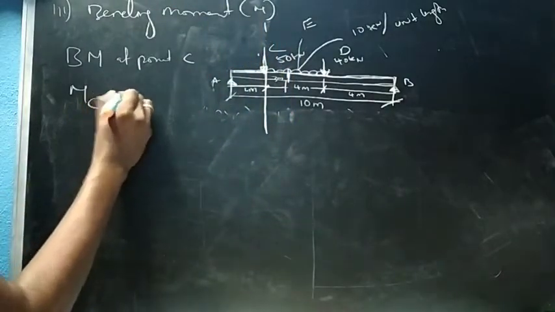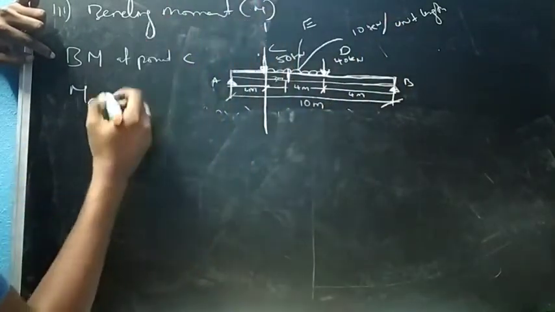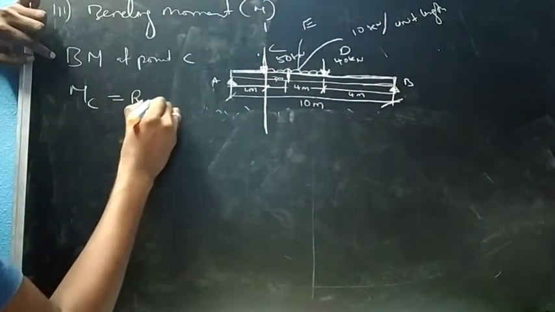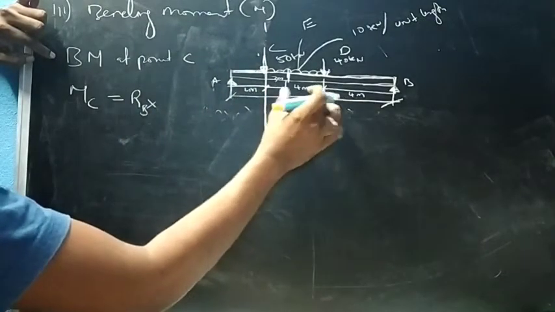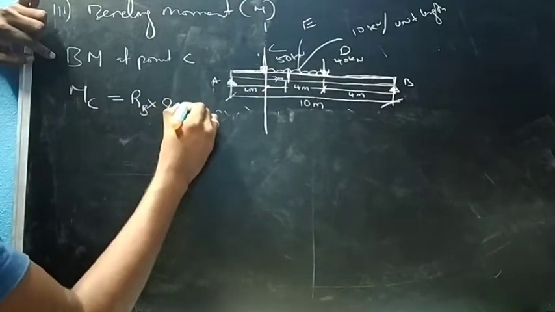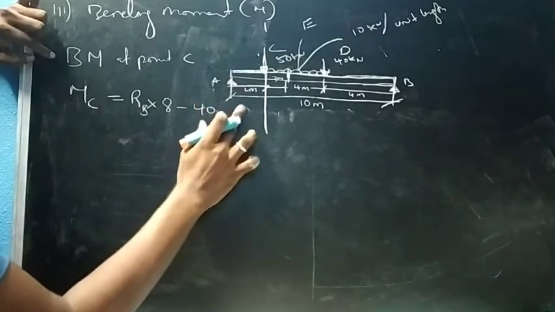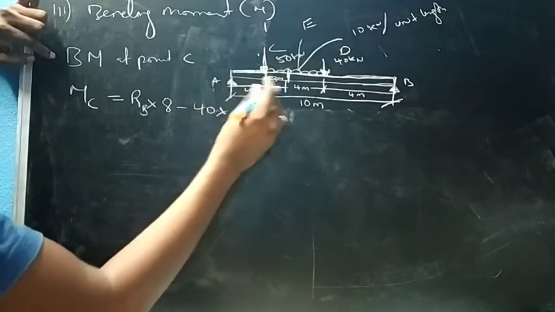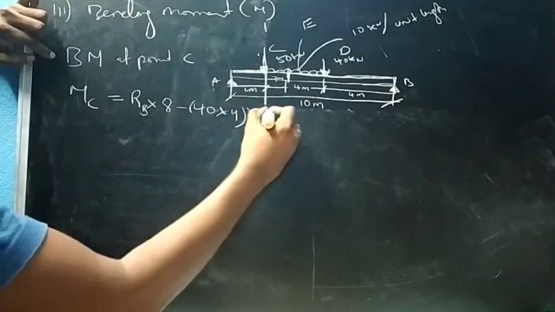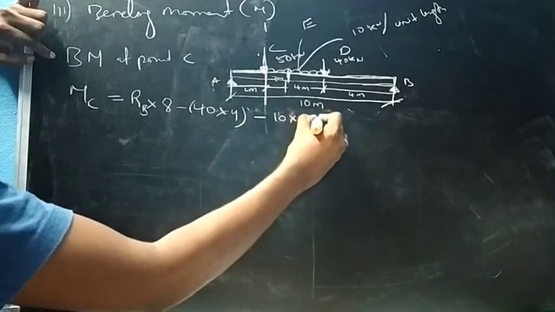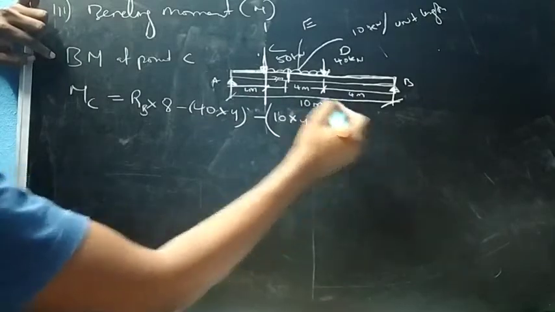So that is MC equals to, coming all the way from B till C, that is RB into, forget about this 2, what is the distance, that is 4 plus 4, 8 meters, minus 40 kilonewton into, what is the distance, 4 meters, right, minus 10 into 4 divided by 2, right.